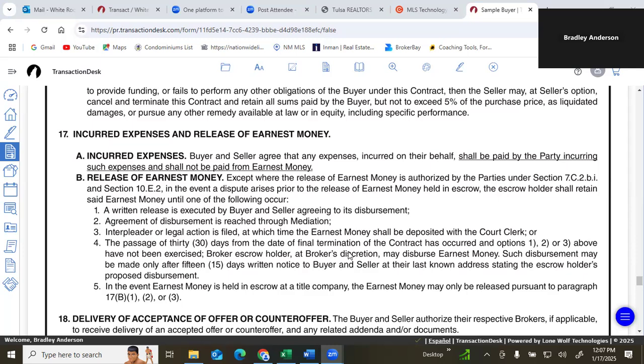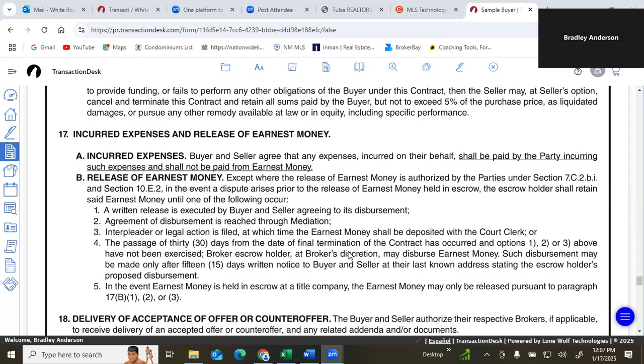Well, except where the release of earnest money is authorized by the parties under section 7C2BI and section 10E2, in the event a dispute arises prior to the release of earnest money held in escrow, the escrow holder shall retain said earnest money until one of the following occurs.